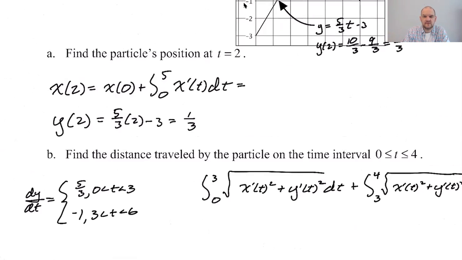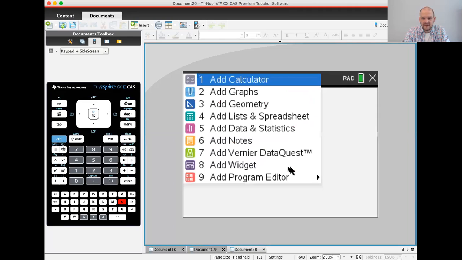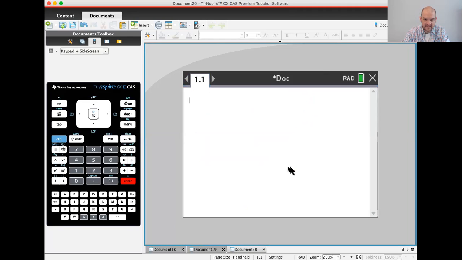Let's see. So new share, calculator, here we go. That's from the previous problem. All right, so what am I doing? I'm going to store dx of t, which is usually how I store x prime for parametrics. It's inconsistent with how I do it for regular functions, so I should get on the same page about that, but I'm not. So I want to do 5 plus the integral of dx of t, where t is a variable going from 0 to 2.